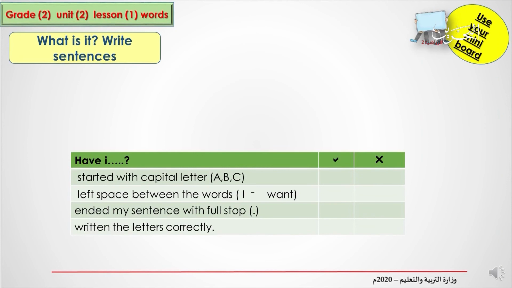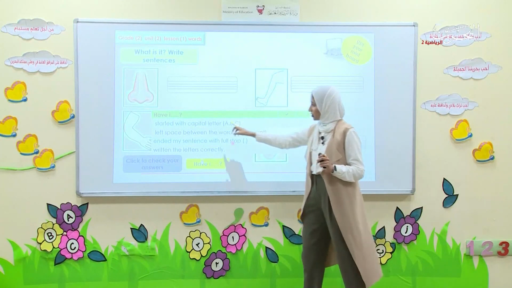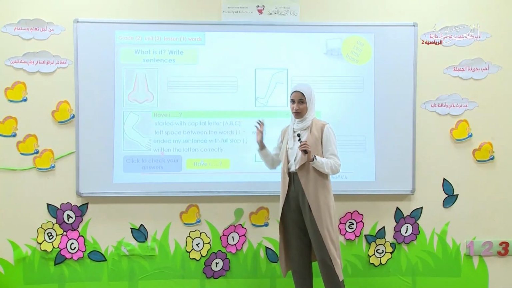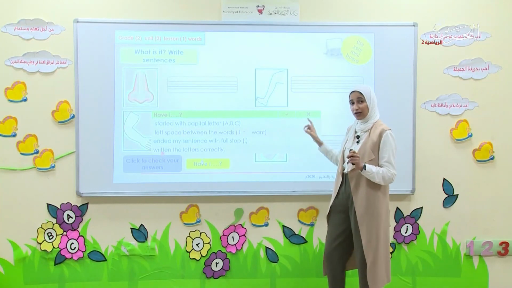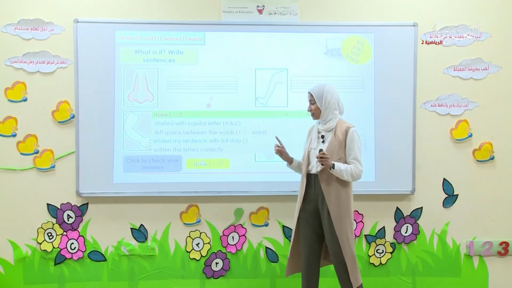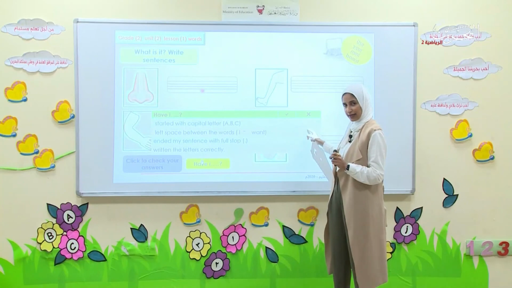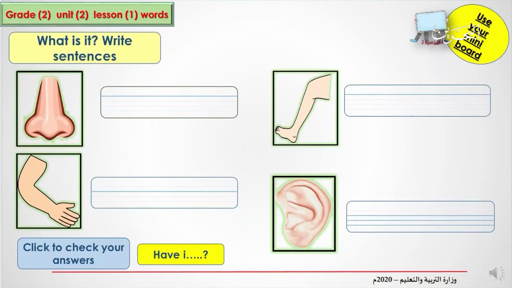And finally, you have to write the letters on the 4 lines correctly. So, when you finish writing, go back to this box, and if you did the first one, for example, you started with a capital letter, you have to put a tick. If you forgot, put X. You have 3 minutes. Start.